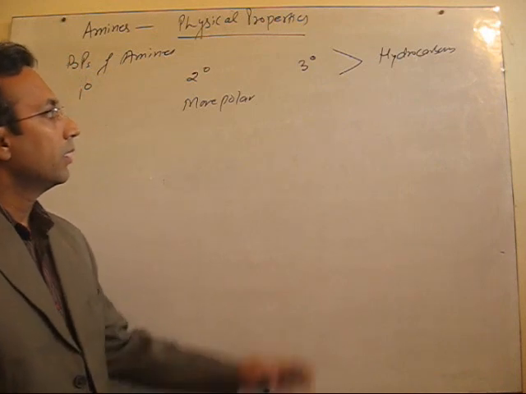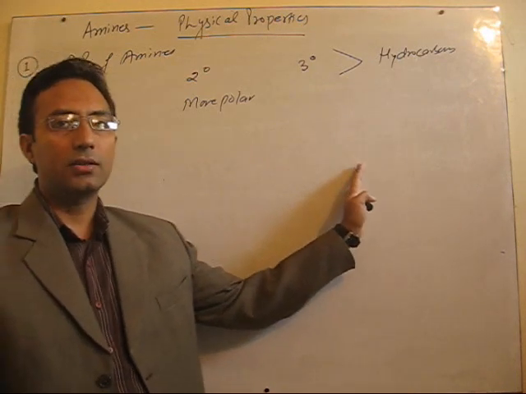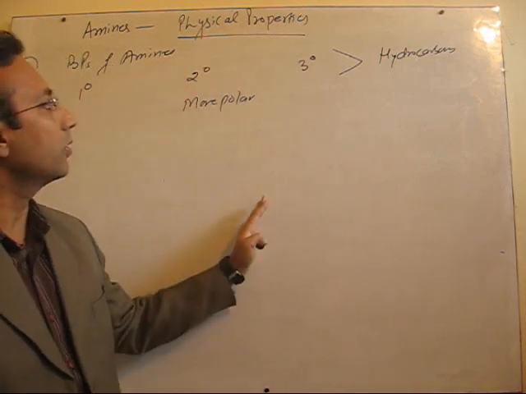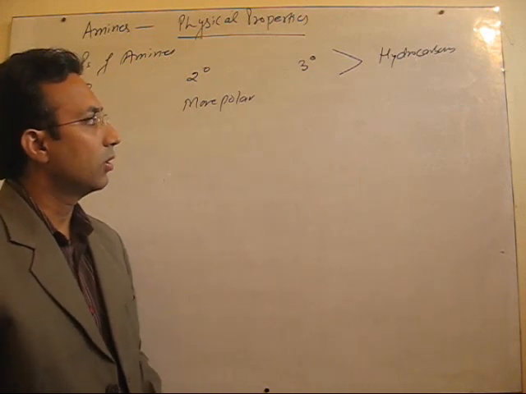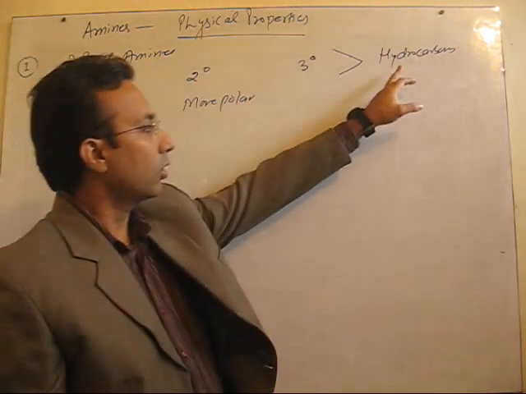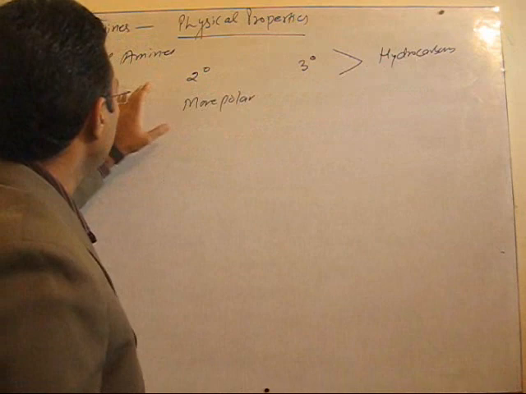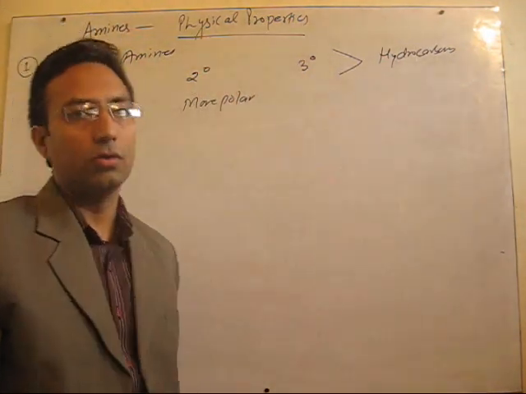Now see, whenever one property is to be compared, some other factors have to remain constant. For example, boiling point depends upon intermolecular forces as well as the molecular mass or the size of the molecule. Though I have written here that hydrocarbons have lower boiling point than amines, I have to say here of comparable molecular masses.